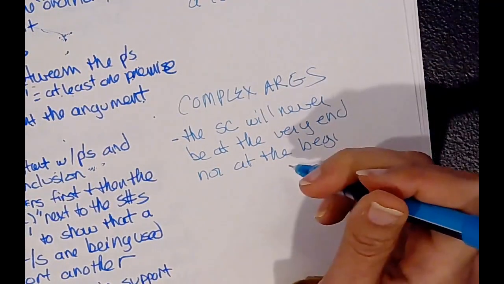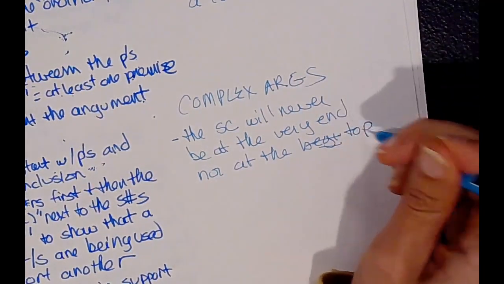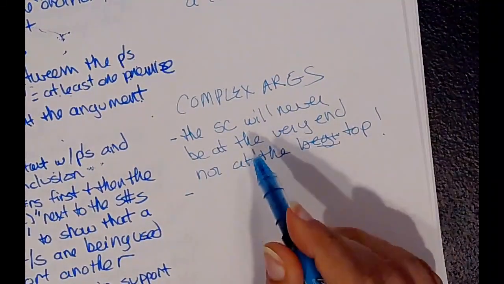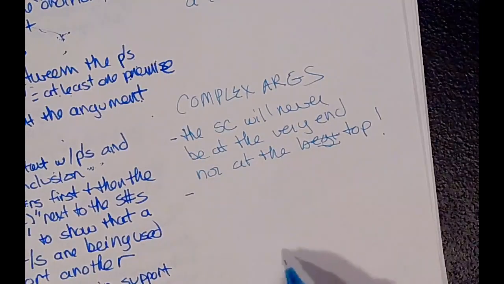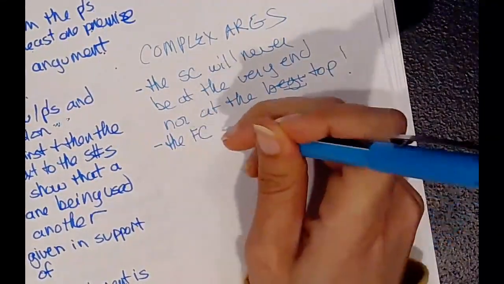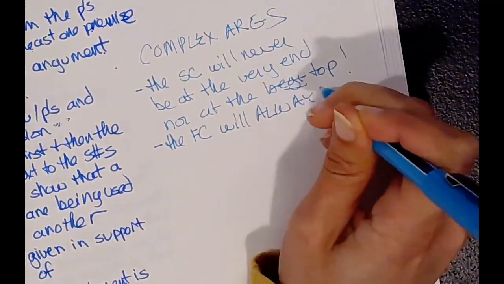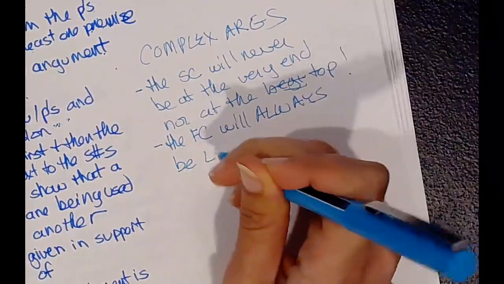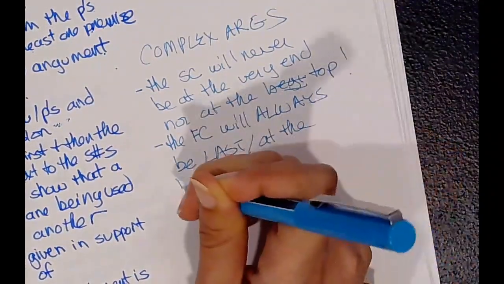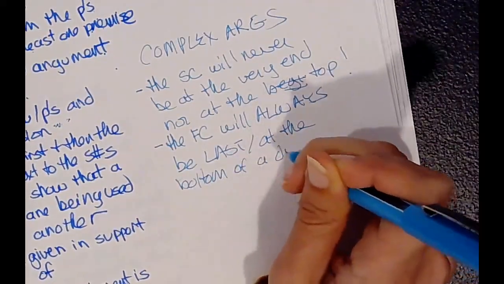So premise 1, nor at the top. Okay, so it'll be in between, in the layers of a diagram. The final conclusion will always be last, or at the bottom, is what I should really be saying, of a diagram.